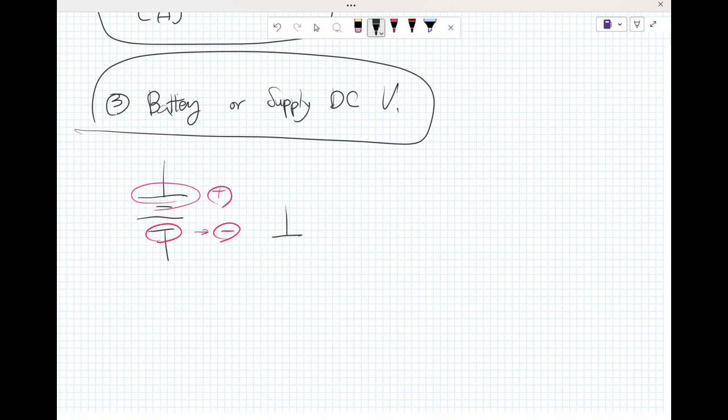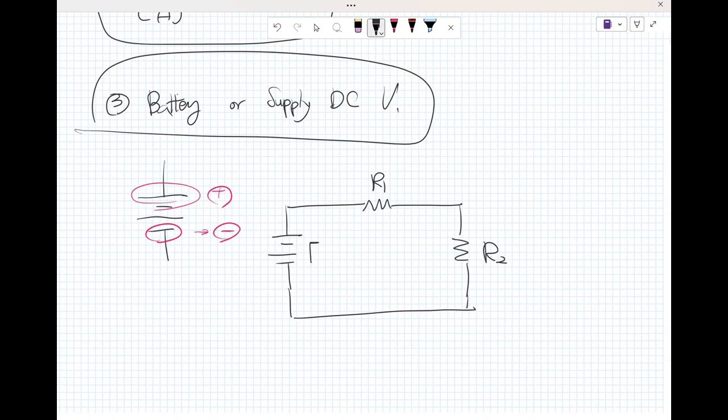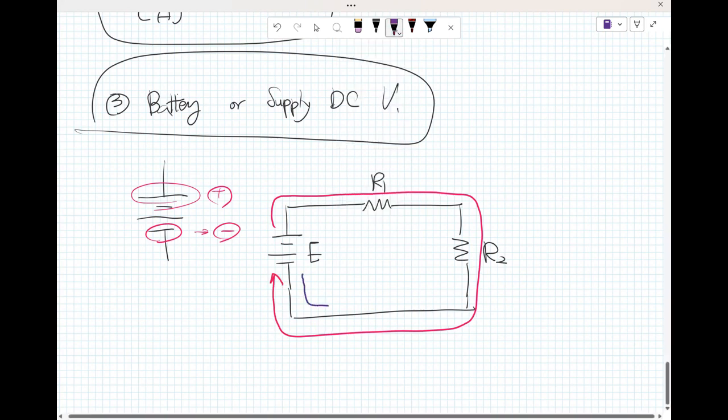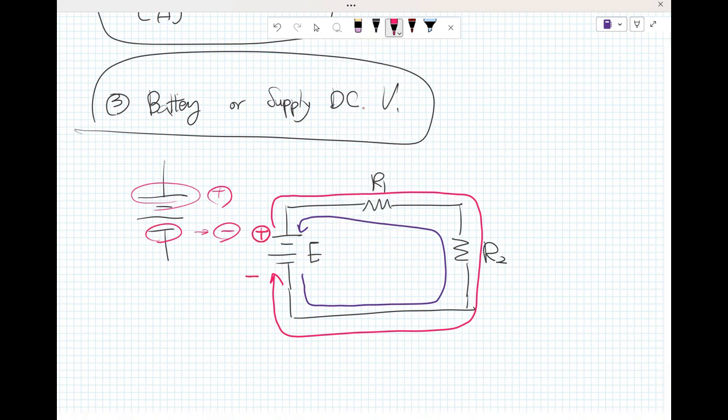Now we have a really simple DC circuit. This is E, the battery, the DC power supply. The conventional current flows like this, but the electrons go from minus to plus.